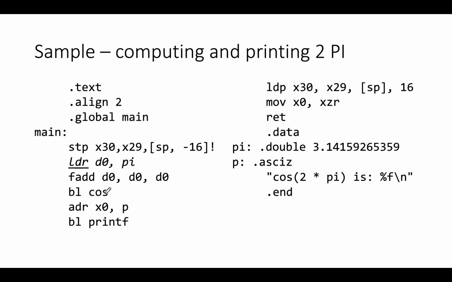Now we know that when we call most functions, x0 is where the parameter, the first value, is. Here, you see that if it's floating point, you use the floating point registers, where 0 is the first one. Any questions?